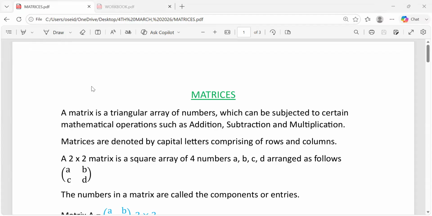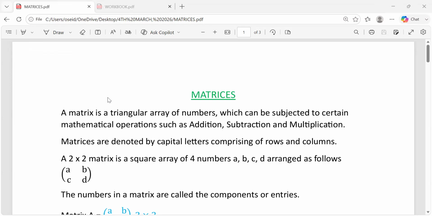So we say a matrix is a rectangular array of numbers which can be subjected to certain mathematical operations such as addition, subtraction, and multiplication. Matrices are denoted by capital letters, with rows and columns.